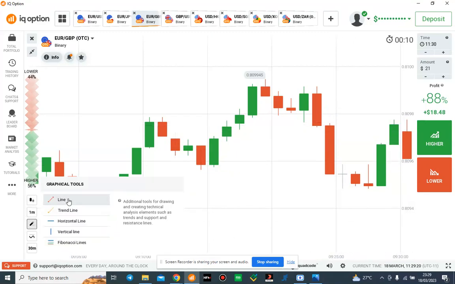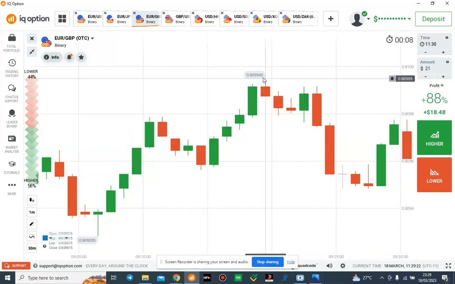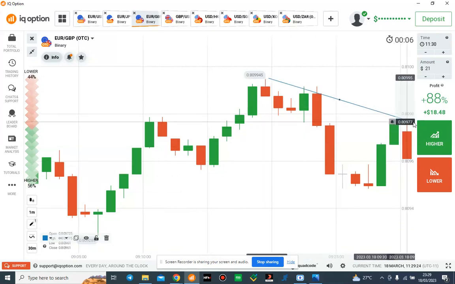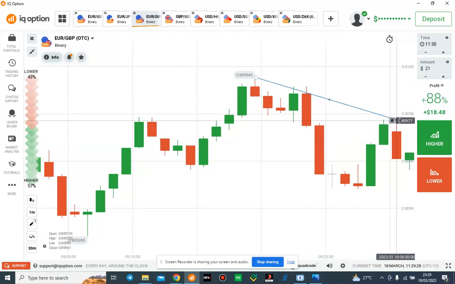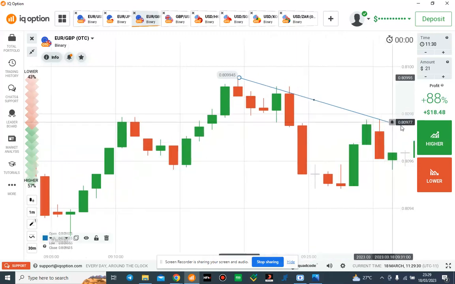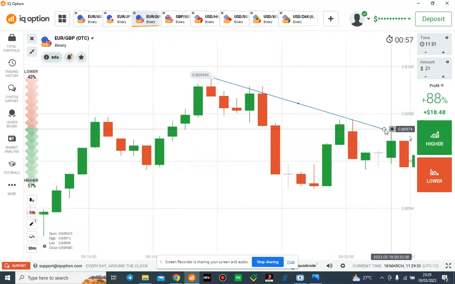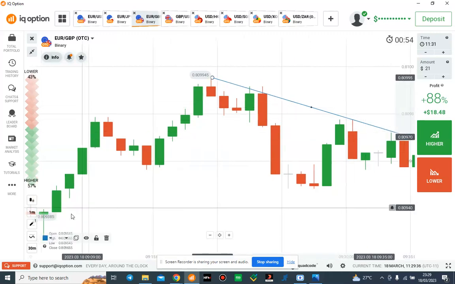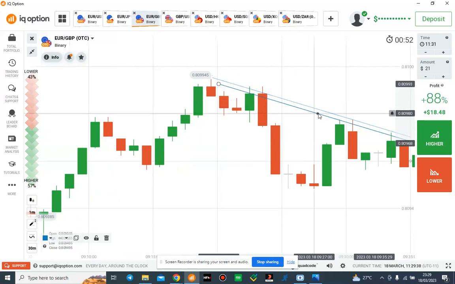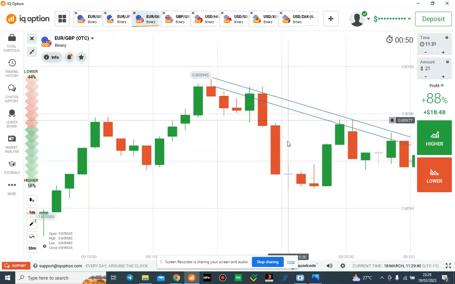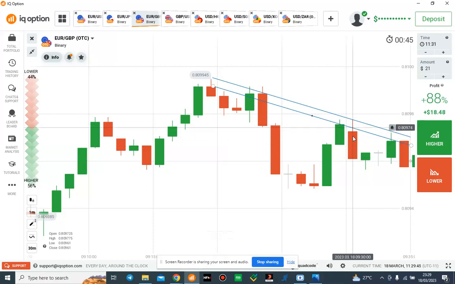If I draw a trend line connecting this high, this is how it looks. That is why we have this sellers movement, sellers entry.